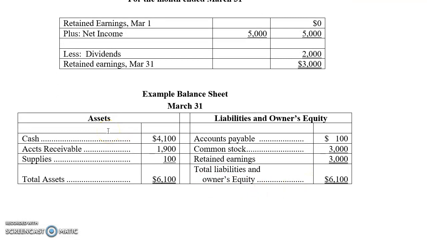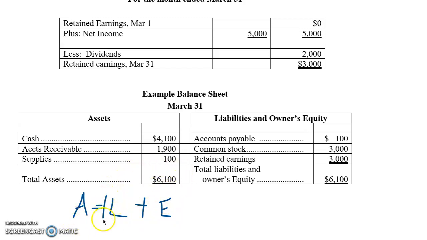Again, this is all fictitious. We're just going over how the numbers would roll. Cash, accounts receivable, supplies, all of this adds up to be $6,100. Now don't forget that we have assets equal liabilities plus equity. All right, so this is $6,100 for assets.